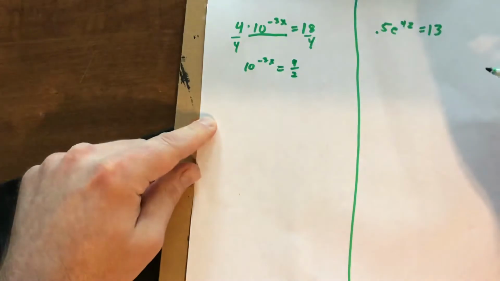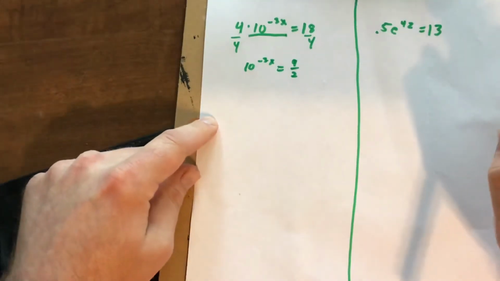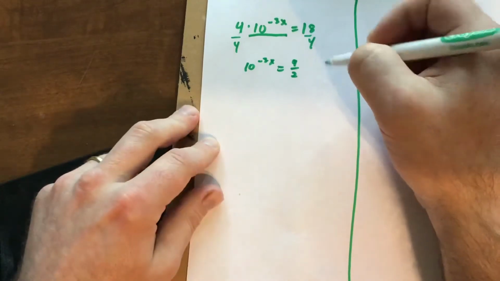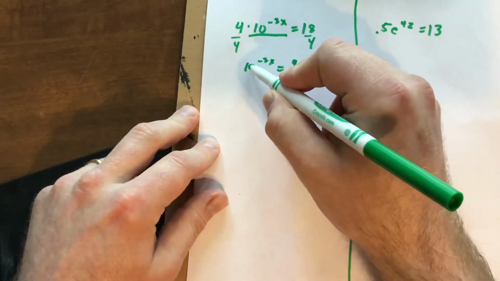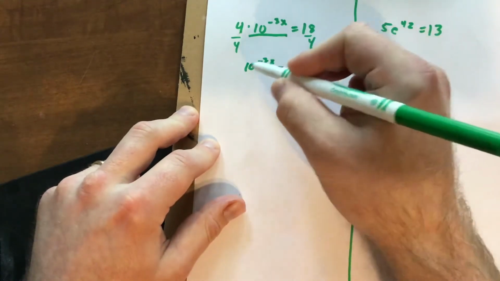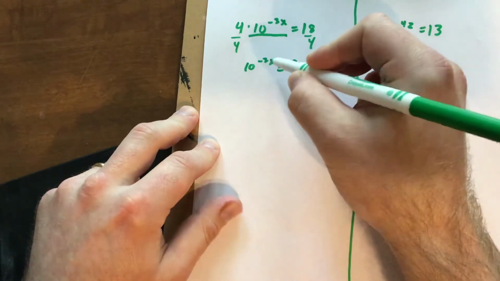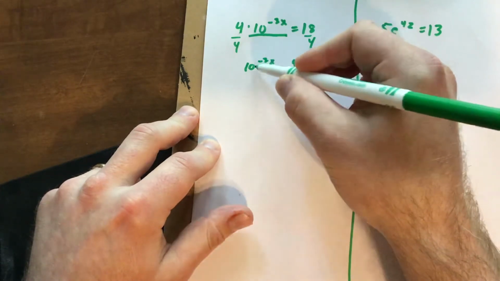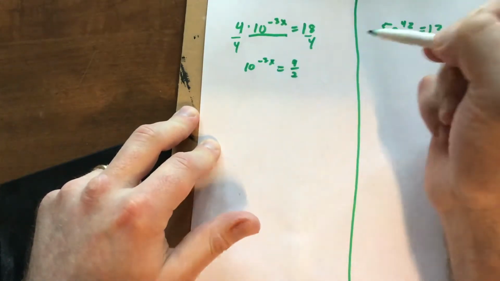I believe in Khan Academy, they want you to do an exact answer and then a decimal. So we are going to need to leave this as a fraction for right now. Now I've got a certain number to a power. To get rid of this, I can't divide because I'm not multiplying. I need to use my logarithm, which is the inverse of an exponential equation.